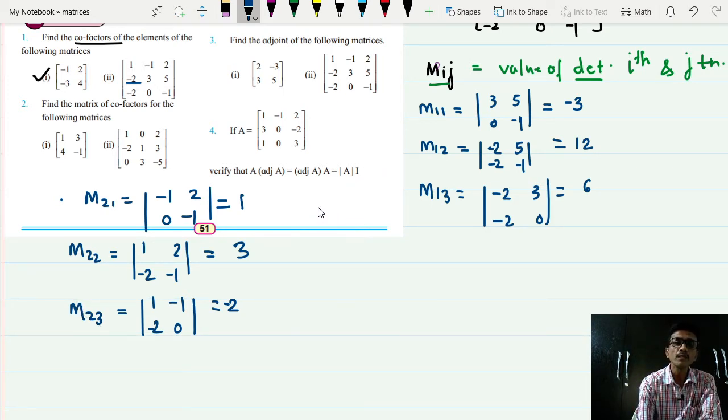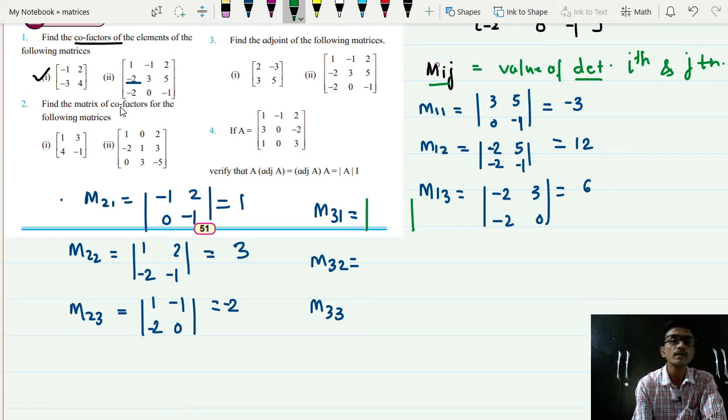Then we find M31, M32 and M33, each the value of a determinant. For M31, third row and first column, we delete them. The remaining elements are minus 1, 2, 3, 5. The expansion will be minus 5 and minus 6, so it is minus 11.